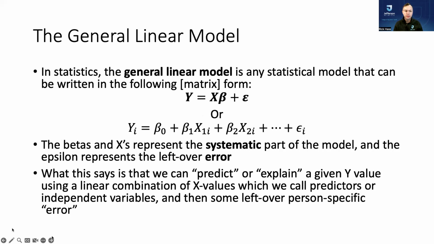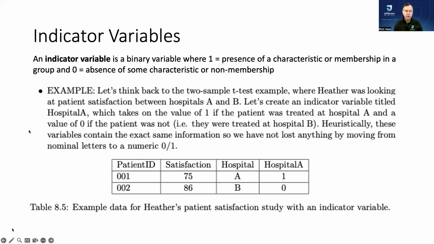We just have to make them into numbers that make sense. So the main thing for this week is to understand what we're going to call indicator or dummy variables. And this is basically one way to get categorical variables in a regression model.